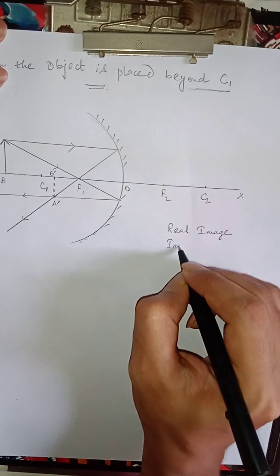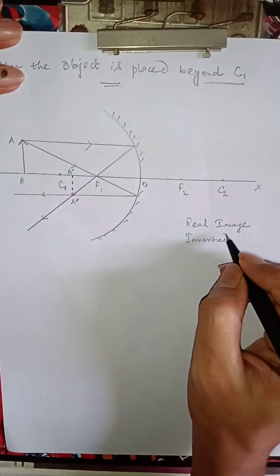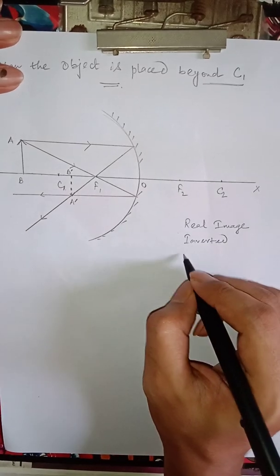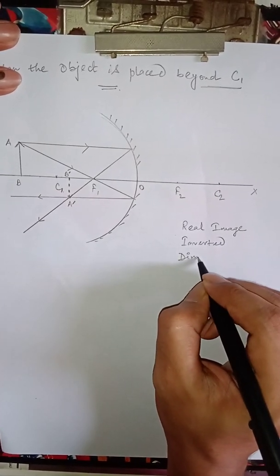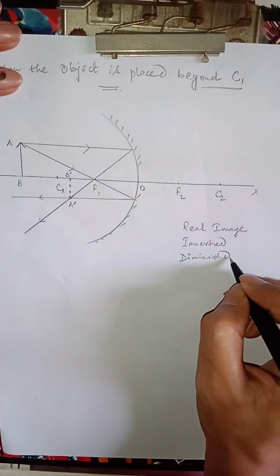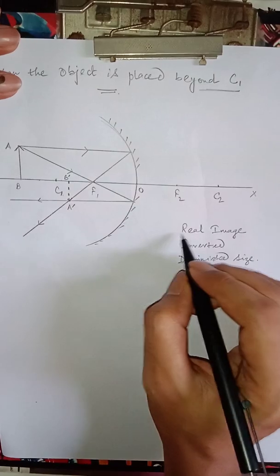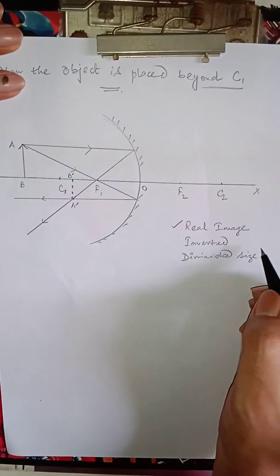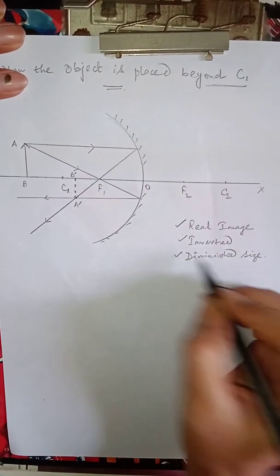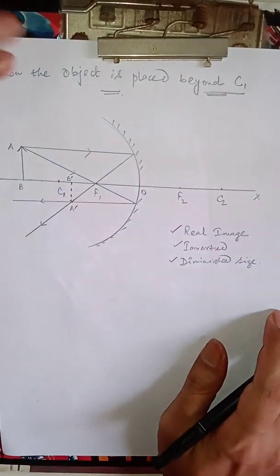Nature is inverted, since real images are always inverted, and the size is diminished. So the image formed is real, inverted, and diminished when the object is placed beyond C1.